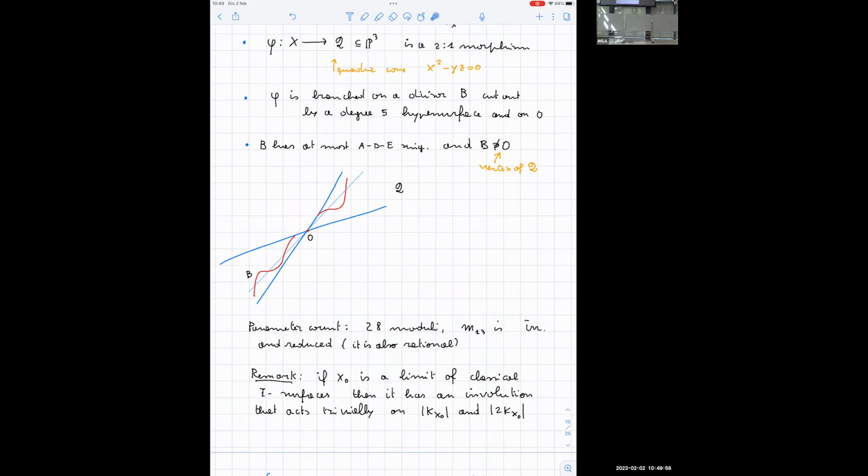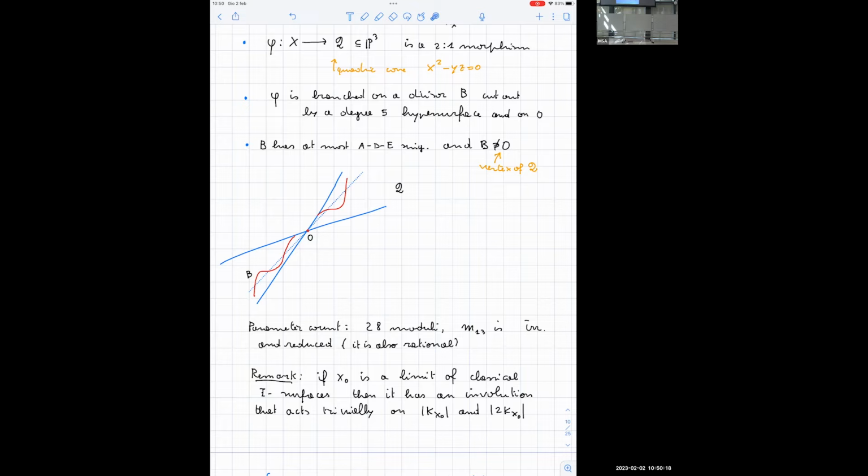And this construction gives us also useful information about smoothing, because all these classical I surfaces have an involution that acts as the identity both on the canonical and bicanonical system.